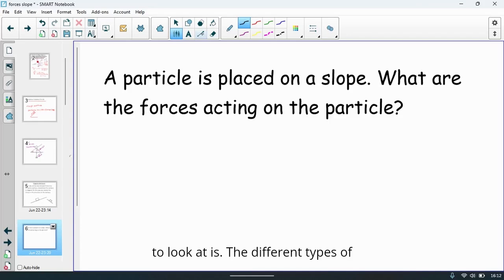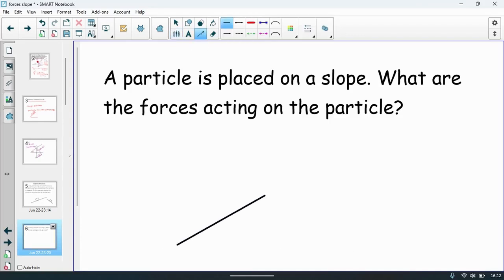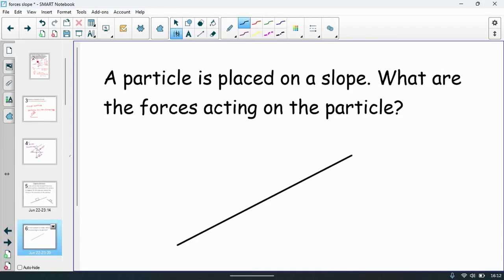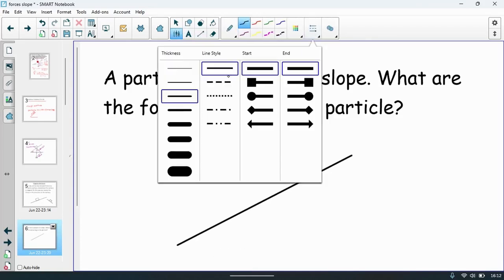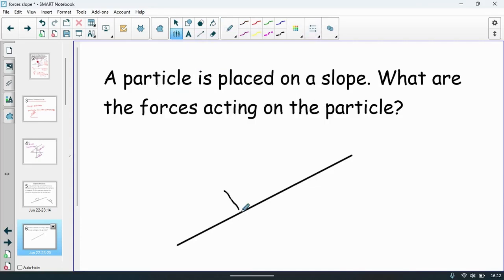So what we're going to look at is the different types of forces on an object. Let's say this is an object of 5 kg, lying on a diagonal surface.